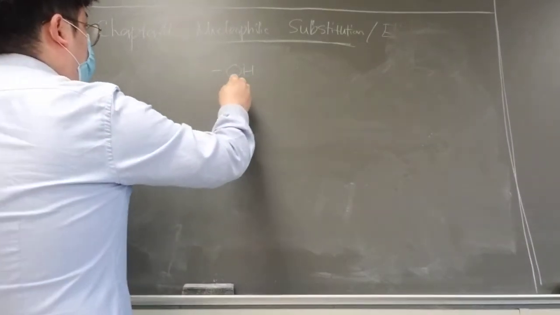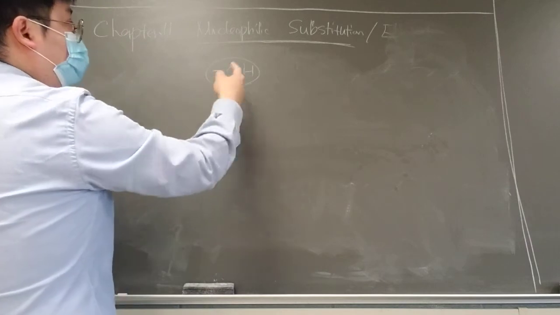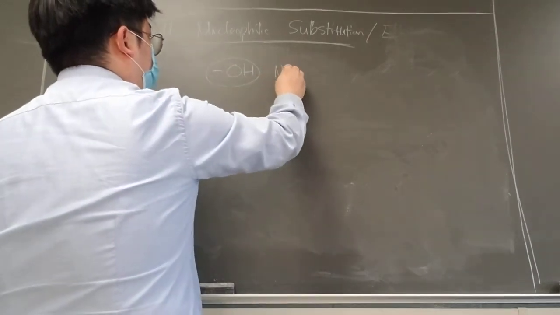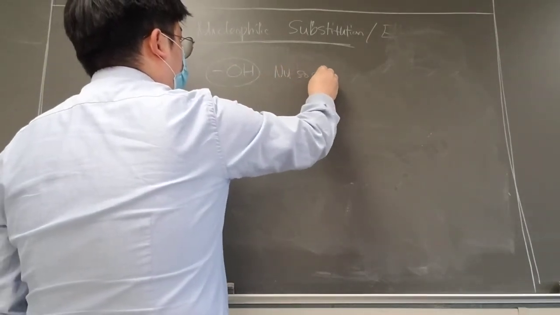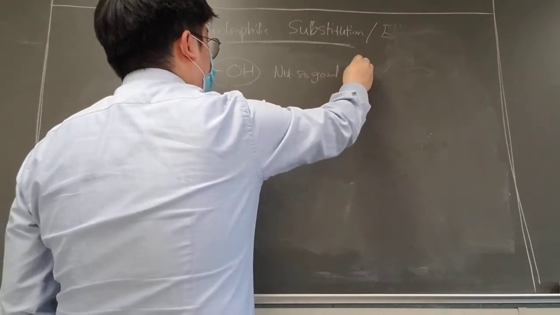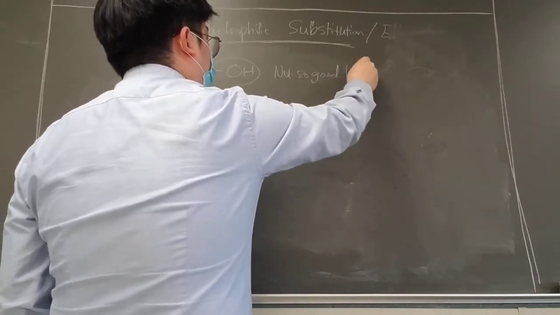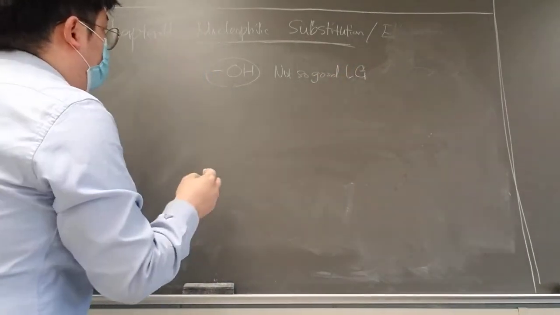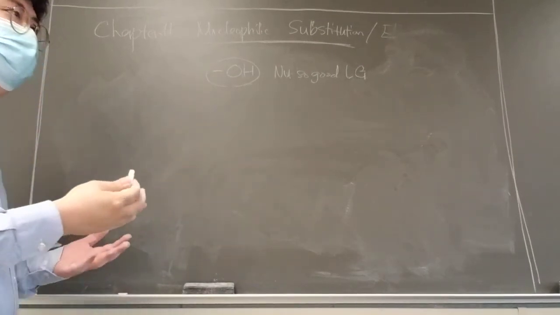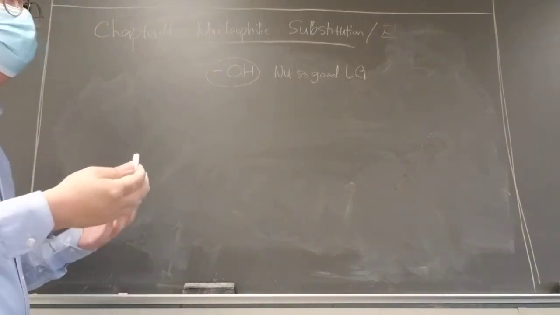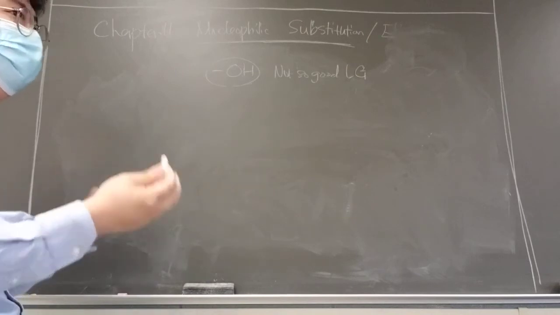Whenever you have a hydroxy group, which is not a good leaving group, I'm going to put LG for leaving group. What you can do is switch it to a better leaving group.